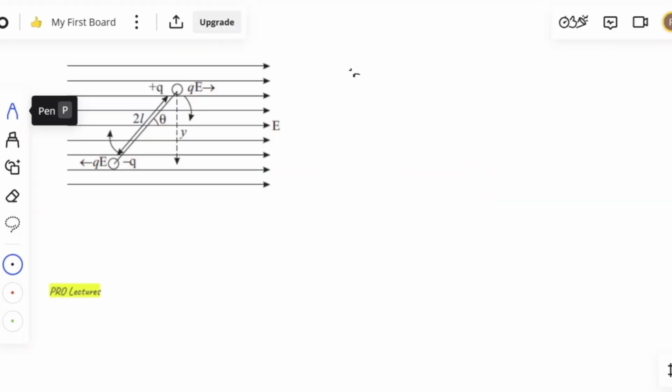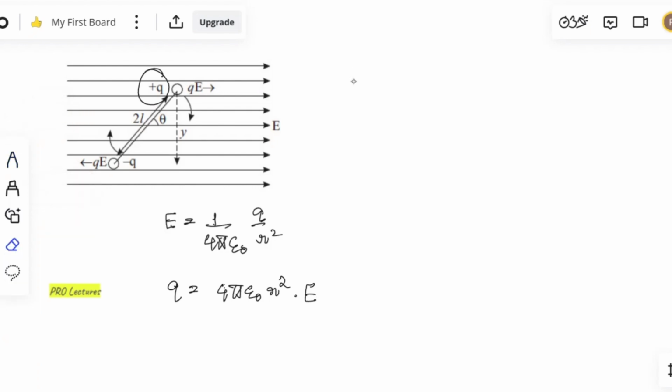Let's quickly discuss the potential energy of a dipole in a uniform electric field. The electric field due to a charge can be written as E is equal to 1 by 4 pi epsilon naught Q by R square. So from this we can write Q is equal to 4 pi epsilon naught R square into E. Now, we will be requiring this.